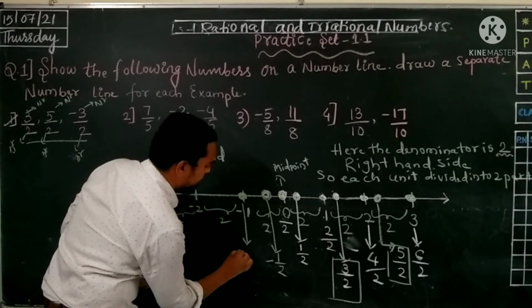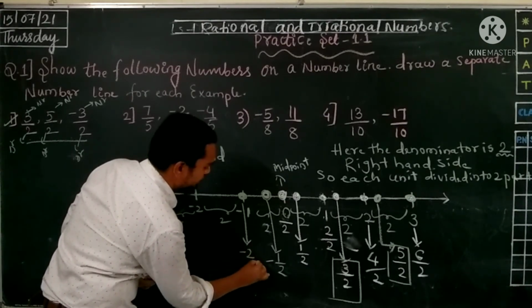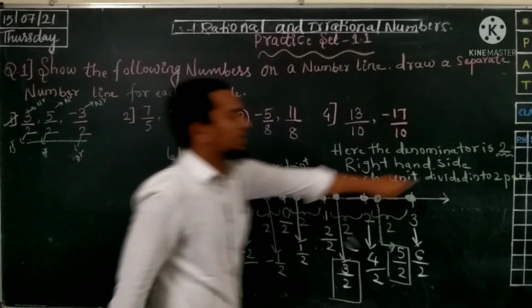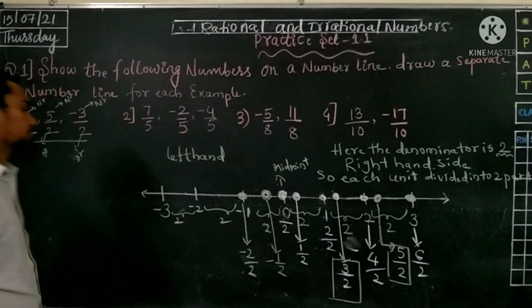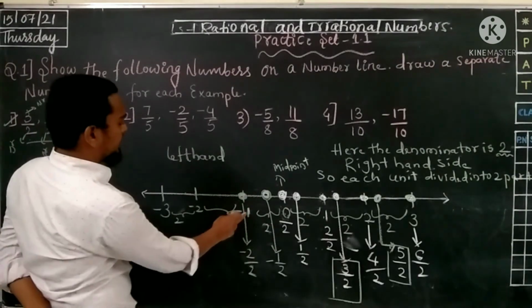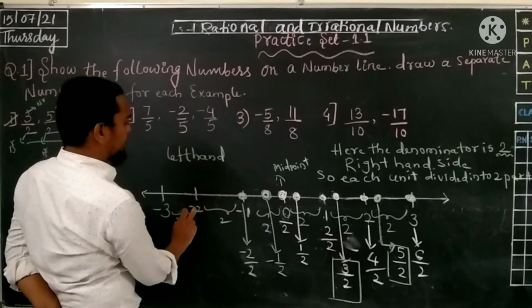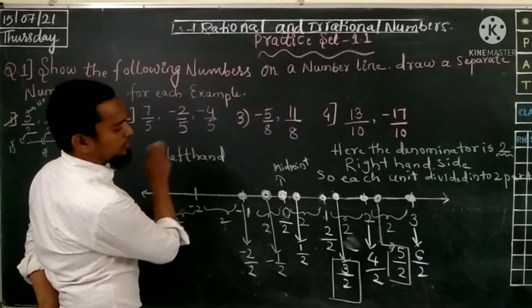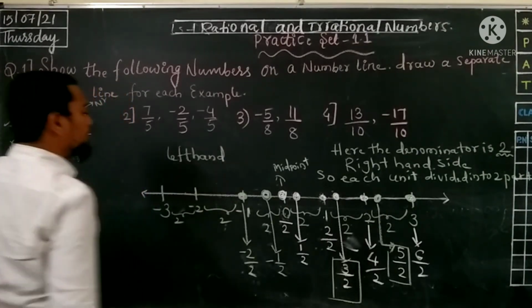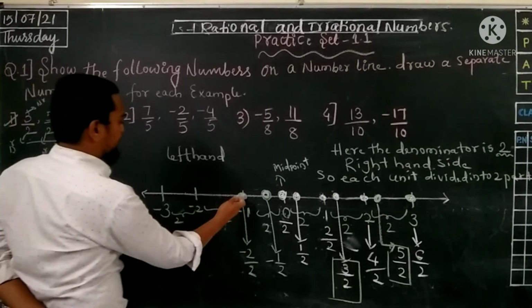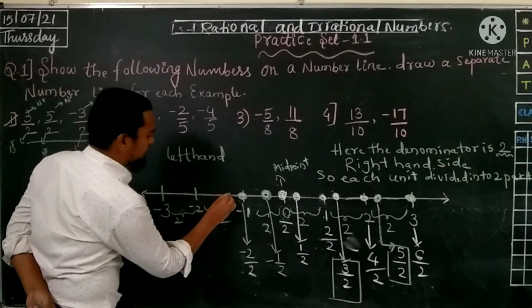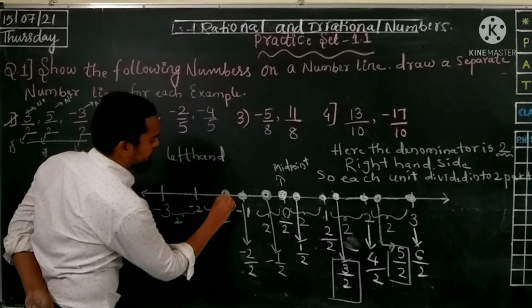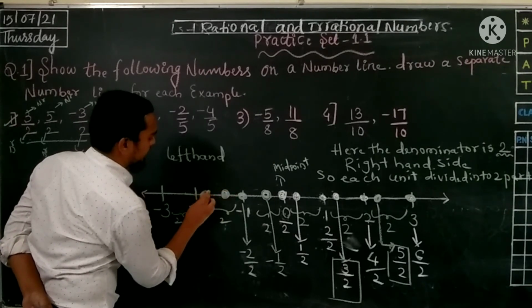This is 2 point. Minus 2 upon. The denominator is given as how much? 2. Next, the difference between minus 1 to minus 2 is how many units? 2 units. Now we write first unit and second unit.